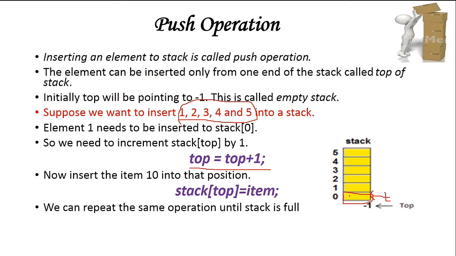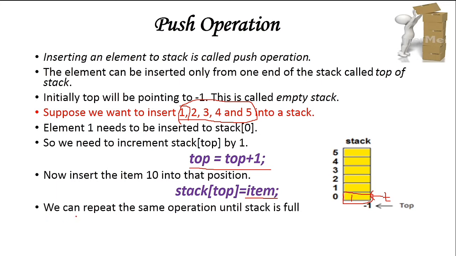So into this stack[top], I am going to insert the item. Whatever element you are going to read, I am going to store in a variable called item, and that item I am going to store over to this position. Say if I have the first item as 1, then I am going to store 1 over to this position.